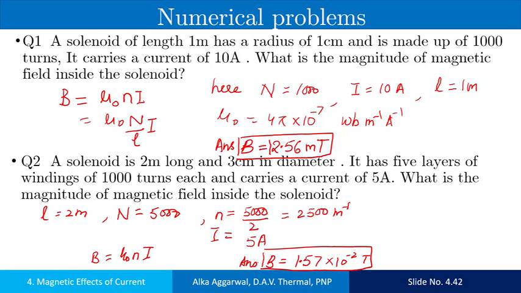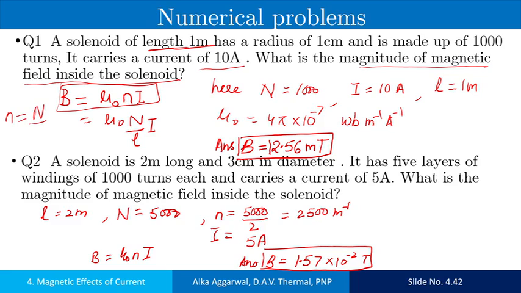A solenoid of length 1 meter has a radius 1 centimeter and is made up of 1000 turns. It carries a current of 10 ampere and we have to find the magnitude of the magnetic field inside the solenoid. So we use this relation. Small n is the number of turns per unit length of a solenoid and capital N is the total number of turns.